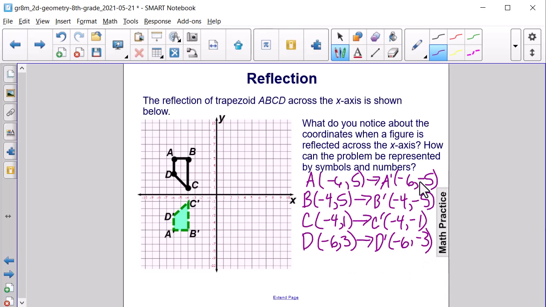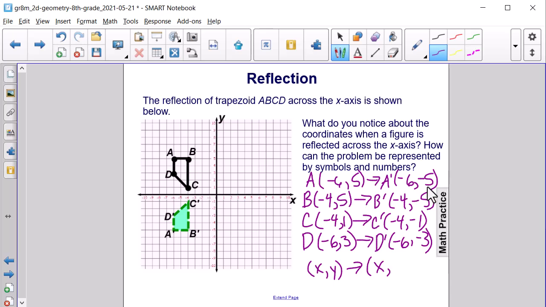So what do we notice about these coordinates? Well, if we look at our x-coordinates in both the original, or pre-image points, and our image points, they stay the same. So x, y goes to, we know x stays the same, but in our original we have y-coordinates of 5, 5, 1, 3.